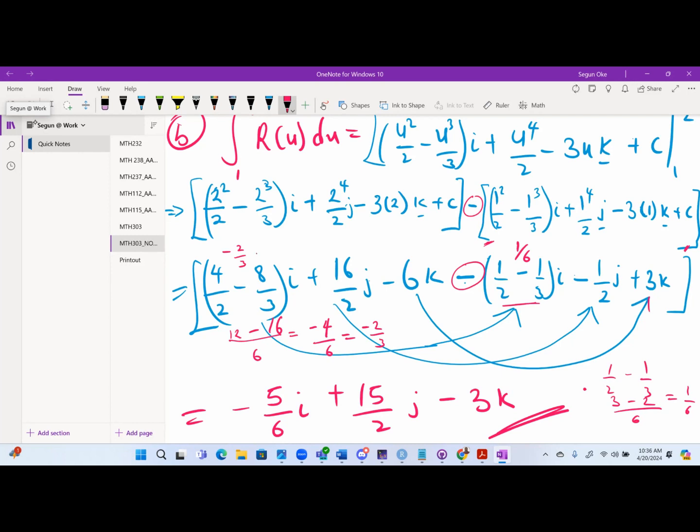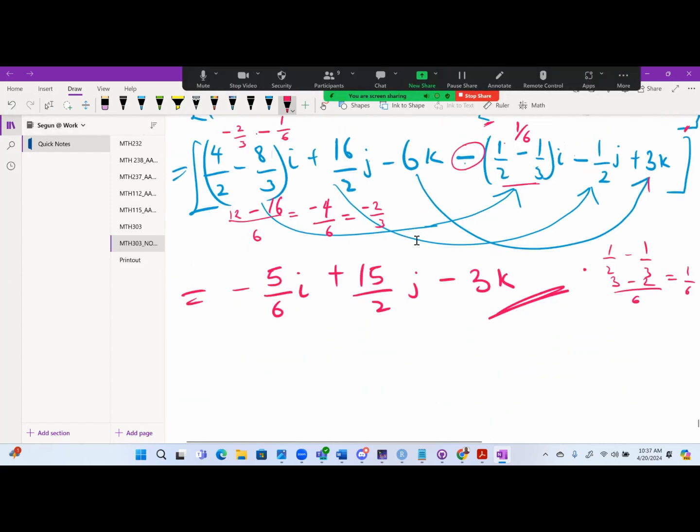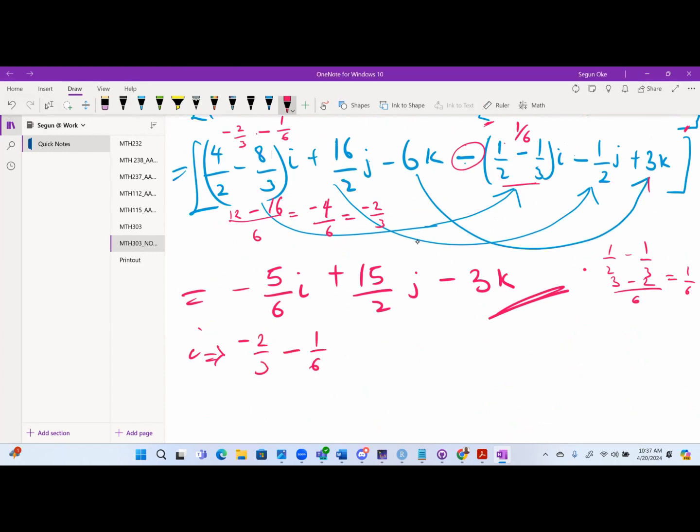Let's say, remember this is minus 2. Minus 1/6. Do you agree with me? So what we have for I component will be minus 2/3 minus 1/6. Solve it.